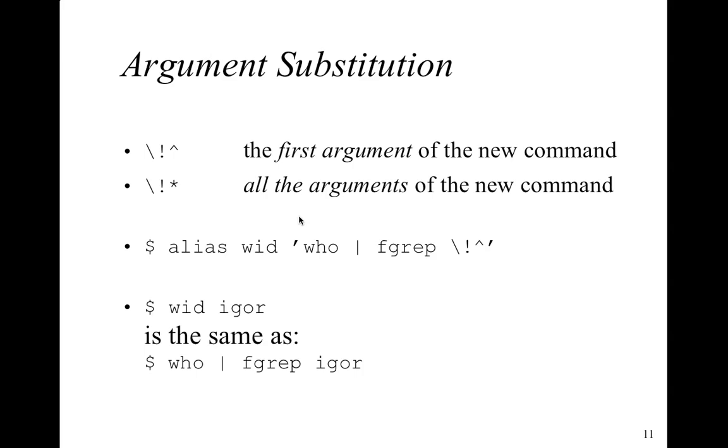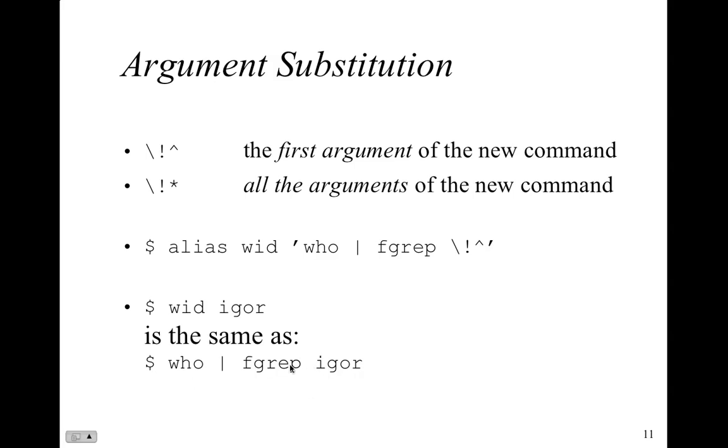And argument substitution is also kind of interesting. So the first argument of the new command, all of the arguments of the new command, you've got the caret symbol, which on my computer is on the number 6 key, and the asterisk, the number 8 here. So the alias wid, who with fgrep and a bunch of other stuff. What does that do? Well, when you run the command, you can say wid Igor. So it's the same as saying who fgrep Igor.